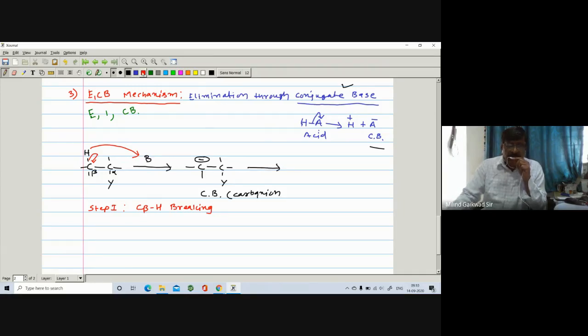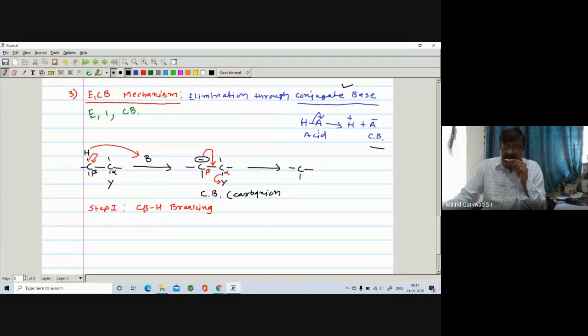the sigma bond between the C alpha and Y undergoes break on Y. Carbon becomes positive. You have to neutralize this positive, so the negative on the carbon will shift here, and there is a formation of a carbon-carbon double bond between the C alpha and C beta. So there is a formation of a corresponding alkene.